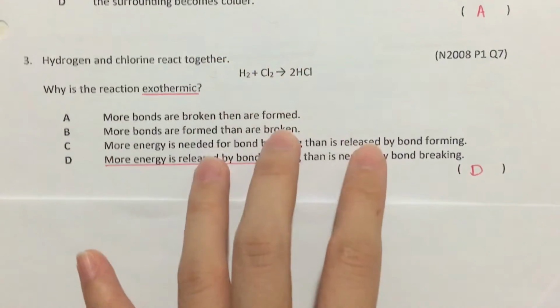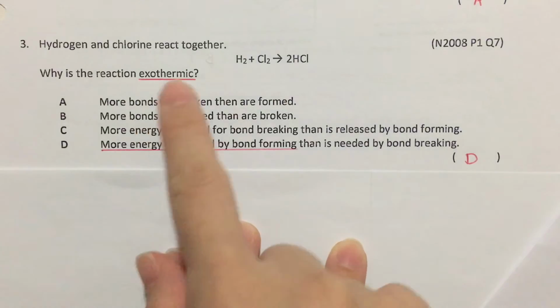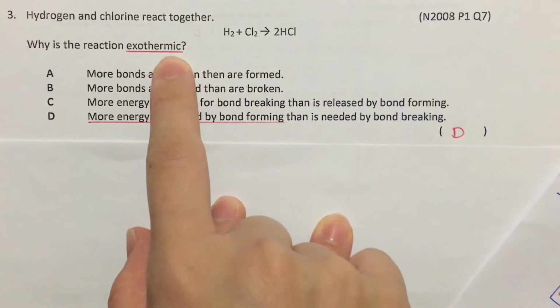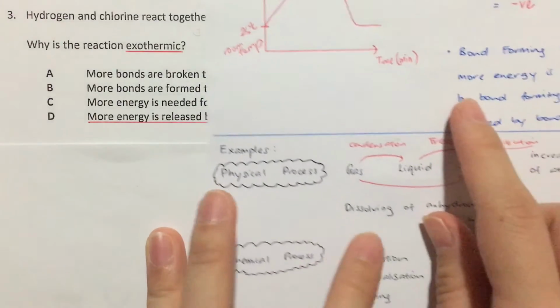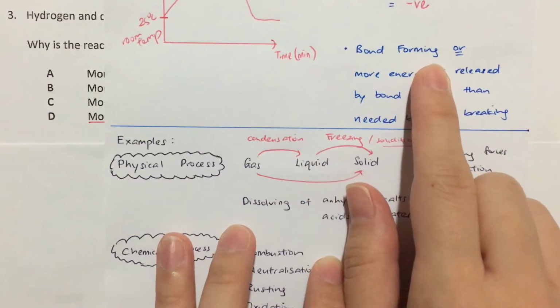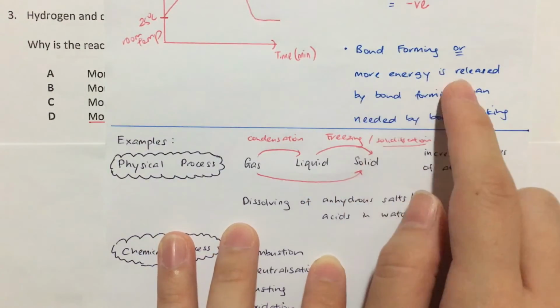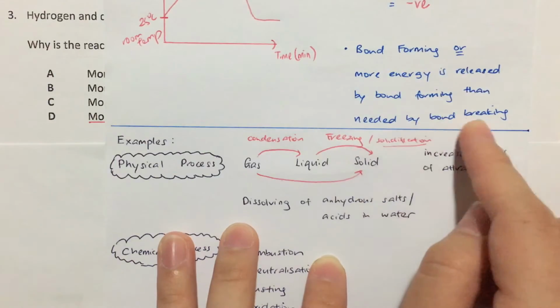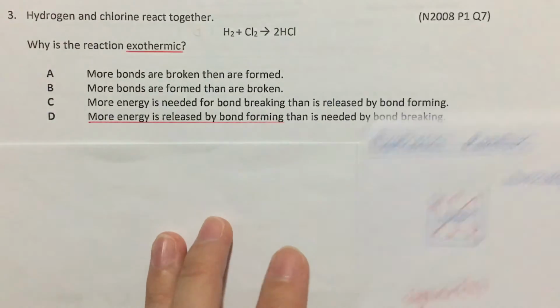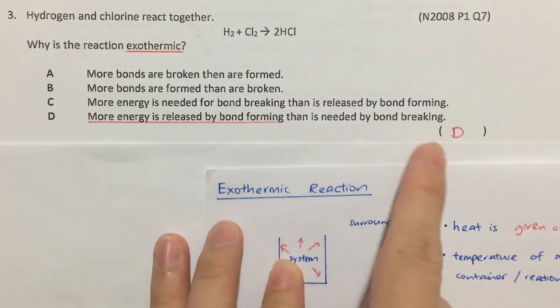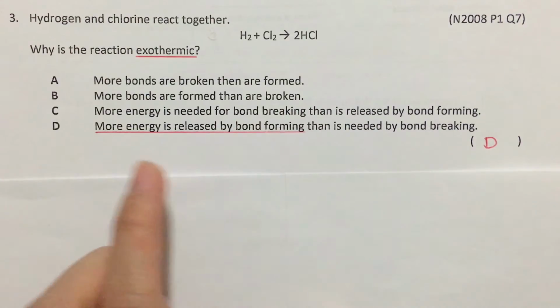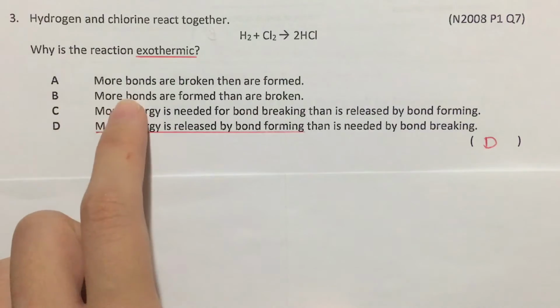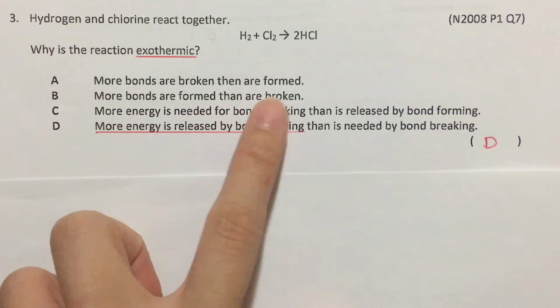Next question. Why is the reaction exothermic? Okay, so when we talk about exothermic, we are talking about bond forming. Okay, or that more energy is released by bond forming than needed by bond breaking. So we look at this, answer is D. Some of you may have the question, why is it not option B where more bonds are formed than are broken?